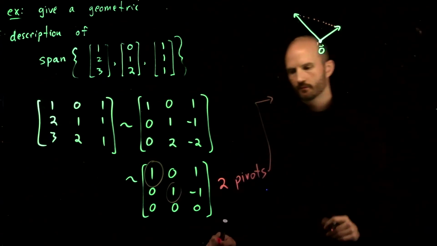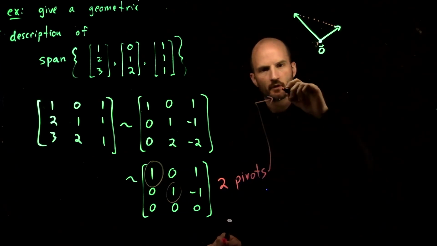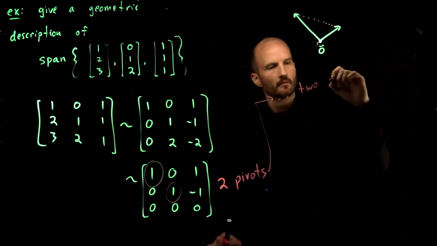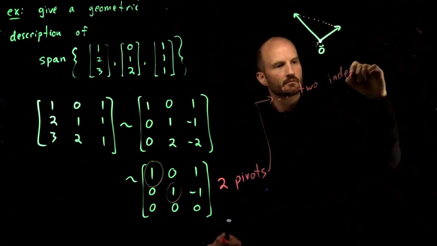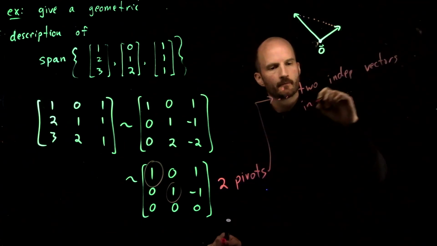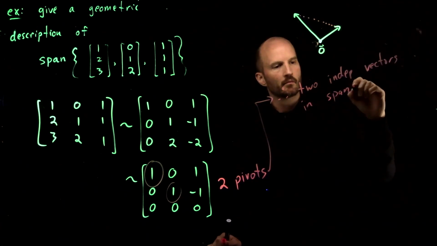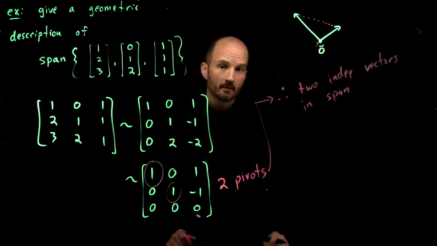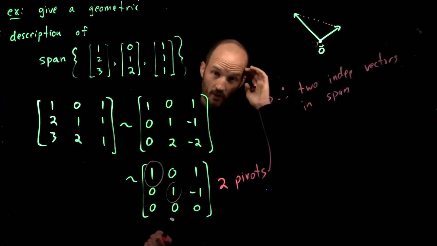Therefore, 2 independent vectors in the span. Okay, so I have this triangle, a plane that contains some triangle.